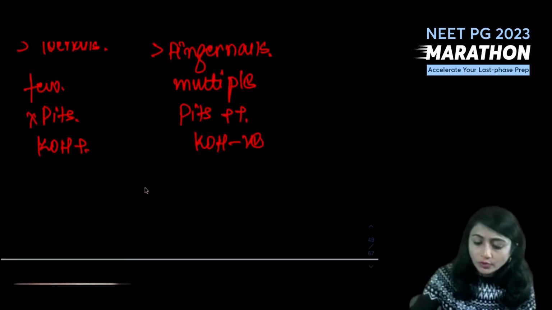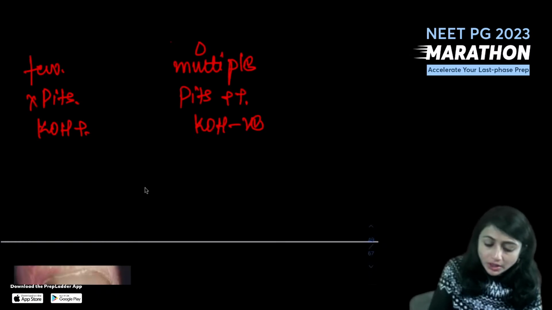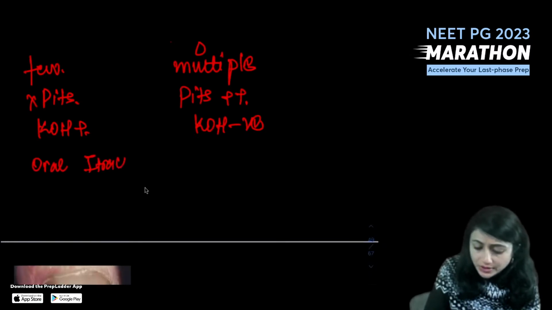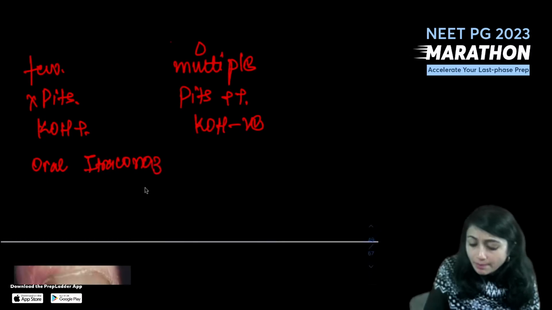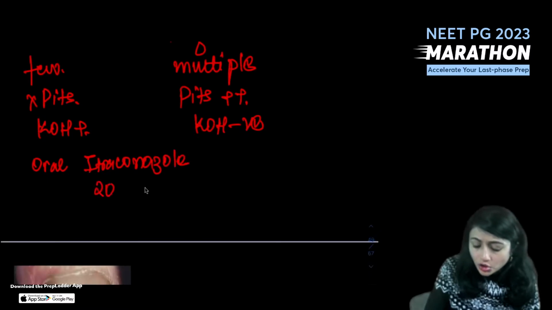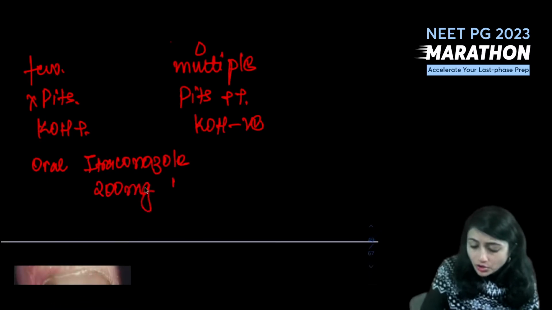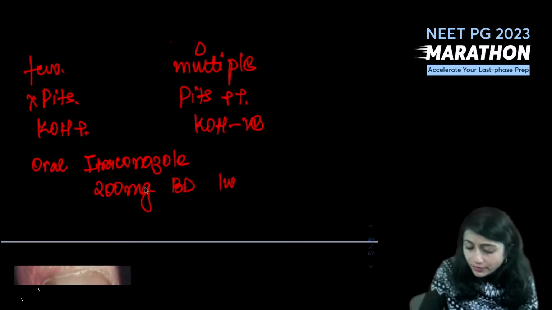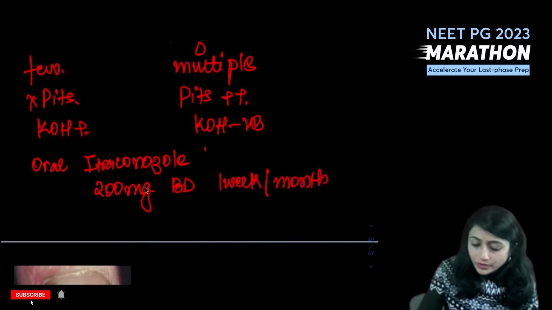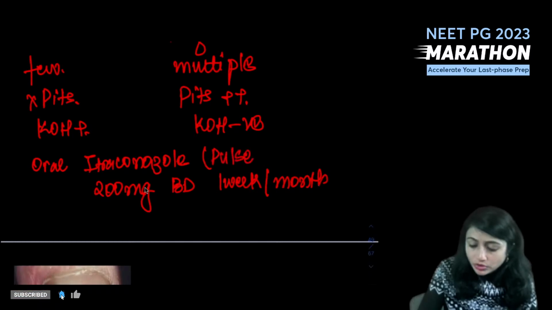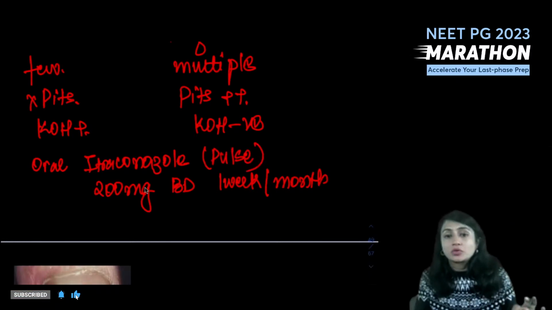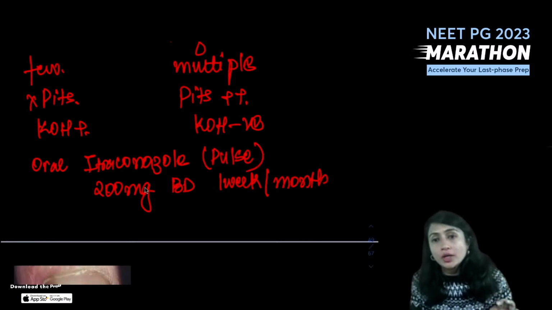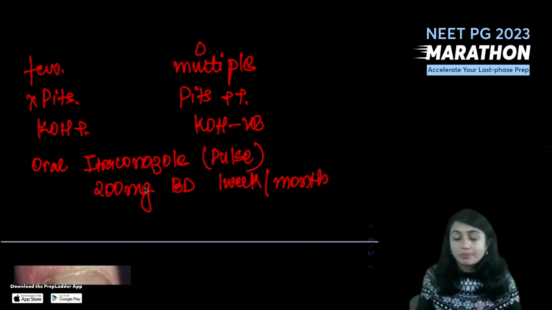You should also know the other options for treatment. You can give oral itraconazole also, which is usually given in the pulse form. What is that? 200 milligram twice daily for 1 week every month. Because that may also be there in the options. So pulse itraconazole therapy is 200 milligram BD, 1 week per month.